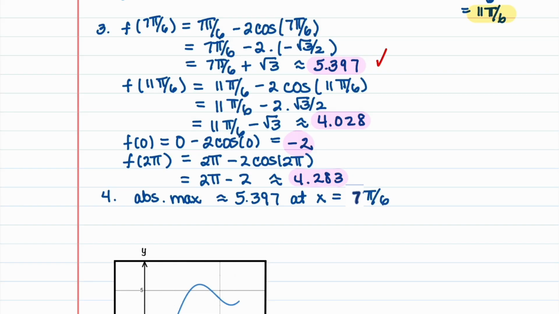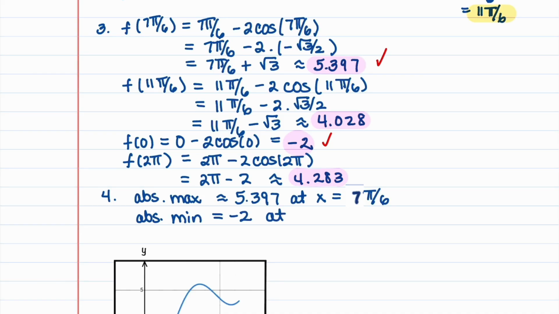And then let's see our smallest value. Our smallest value is the only one that's negative, and that is negative 2. So our absolute min is equal to negative 2 at x is equal to 0. And those are our answers.